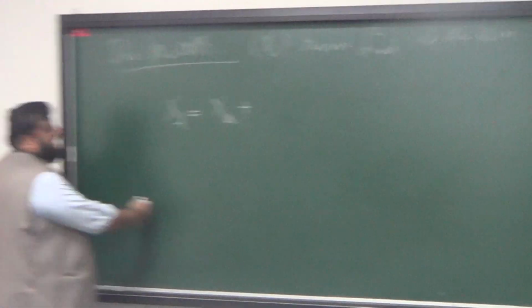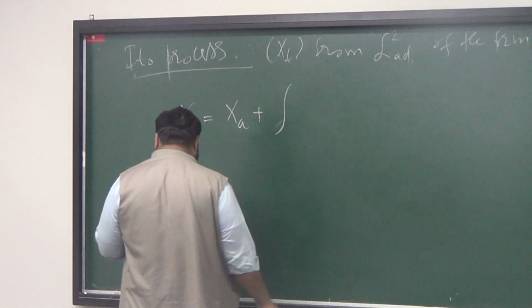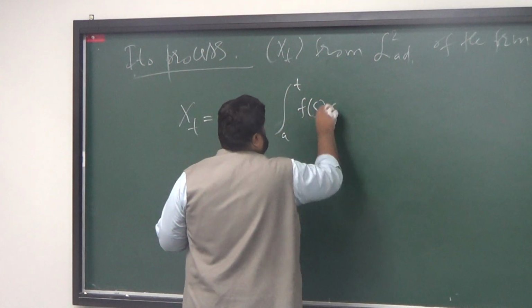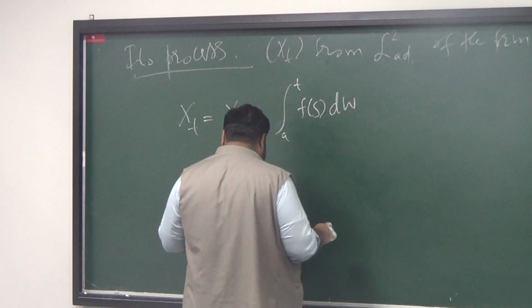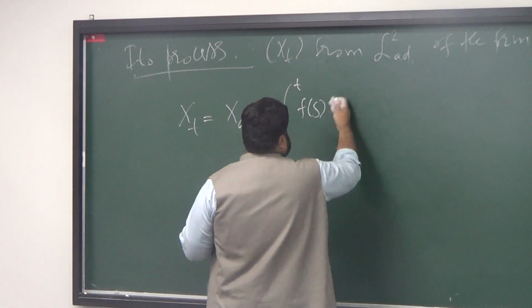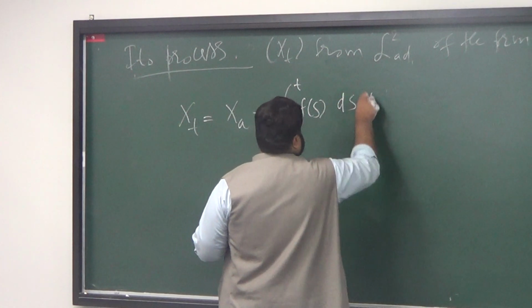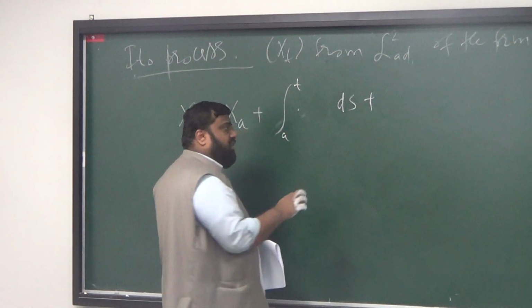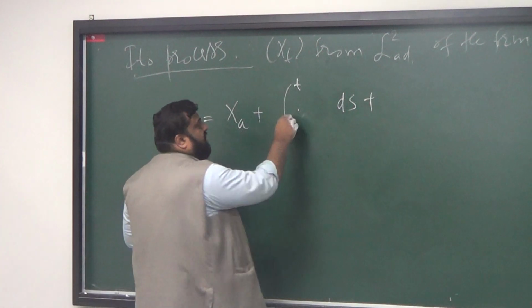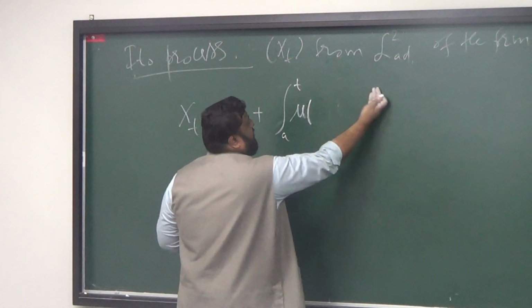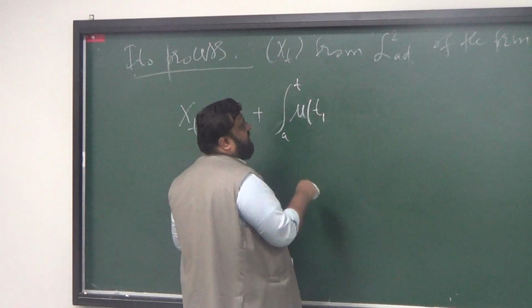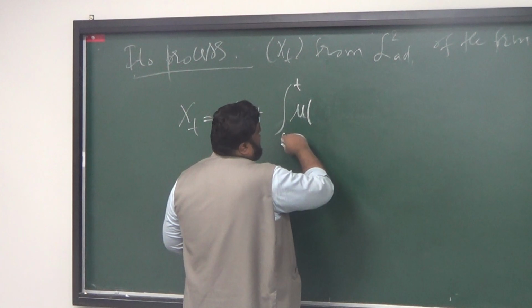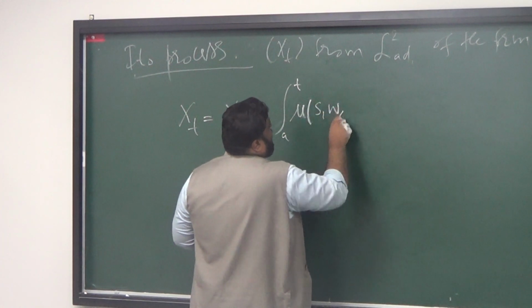So X_t can be written as X_a plus the integral from a to t of a function f(s) ds, plus, let's call it mu. I'm going to use slightly different notation. Let's call it mu of s, a function that depends on Brownian motion W(s).